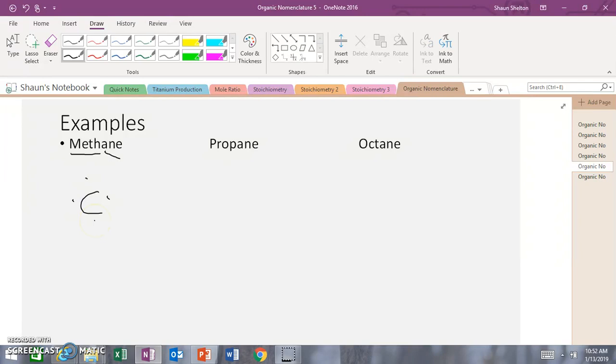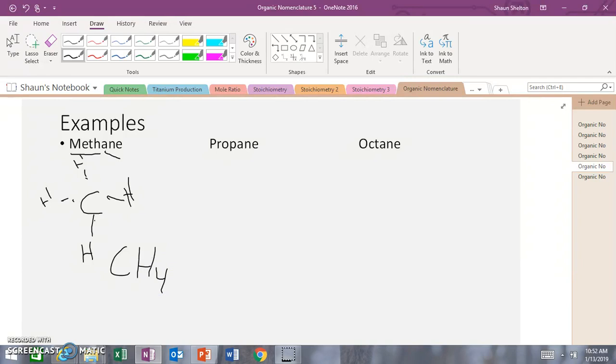Now we don't have to worry about the ane part because there's no other carbons to bond to here. So we're just going to simply fulfill the octet using hydrogens. So we're just going to draw 4 hydrogens around the carbon here. And so there we have methane. Now from this Lewis structure we can achieve the formula, which is CH4.